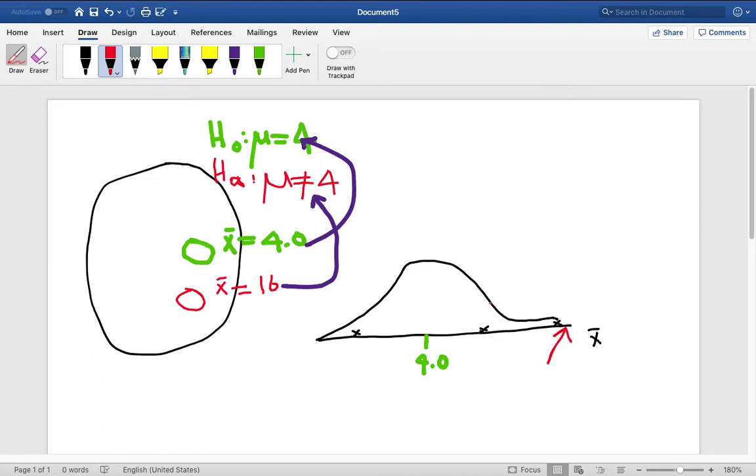So there's a problem with hypothesis testing, which we know about. In fact, we can make errors when we do hypothesis tests, and this type of error is known. We call it a type 1 error.